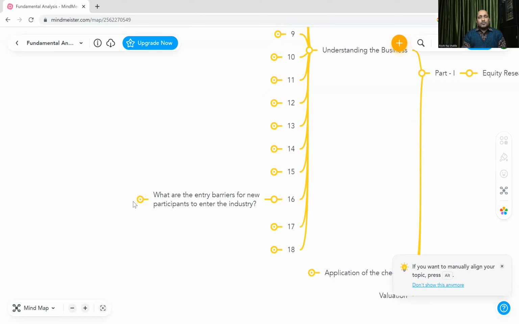We can say, like in garments or exports, any company can enter, then it is not good. If they have something unique, like in technical clothing, where other companies cannot easily enter, then it is good. So we have to see this entry barrier point also.